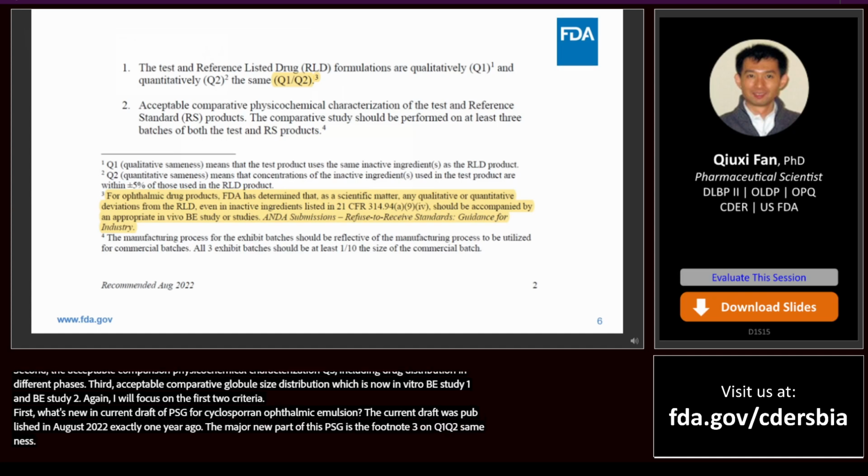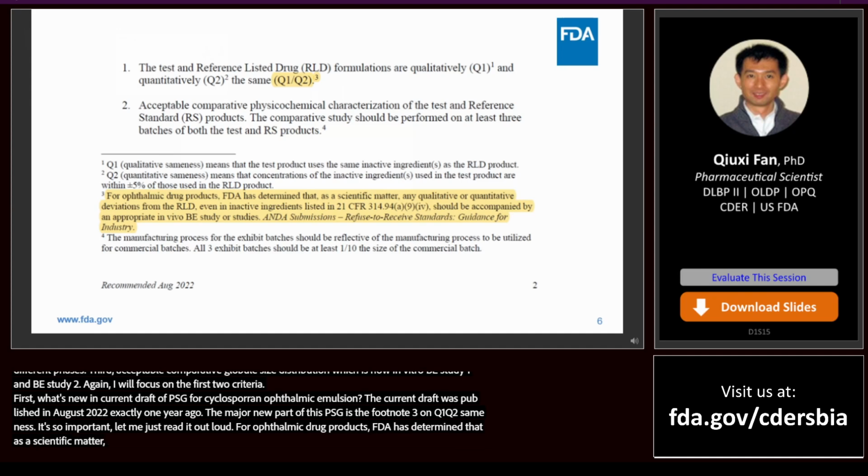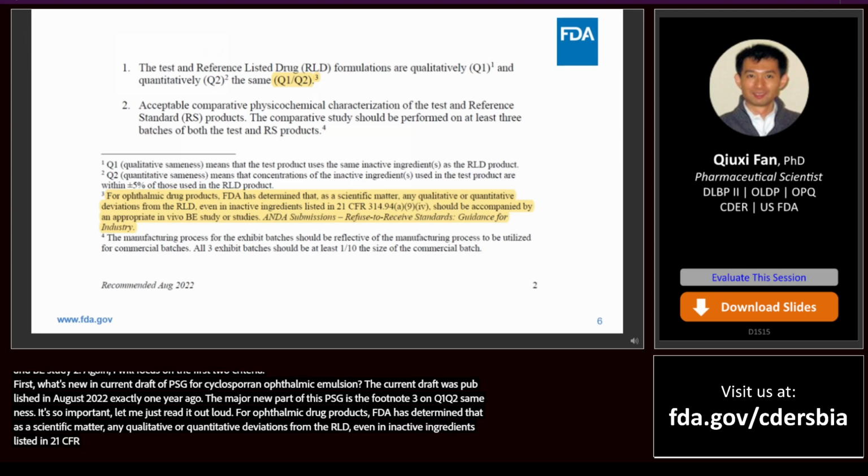It's so important, let me just read it out loud. For ophthalmic drug products, FDA has determined that as a scientific matter, any qualitative or quantitative deviations from the RLD, even in inactive ingredients listed in 21 CFR, should be accompanied by an appropriate in vivo BE study or studies.